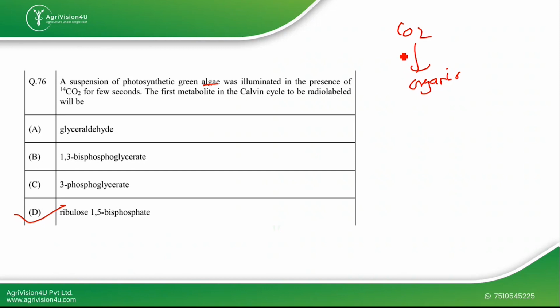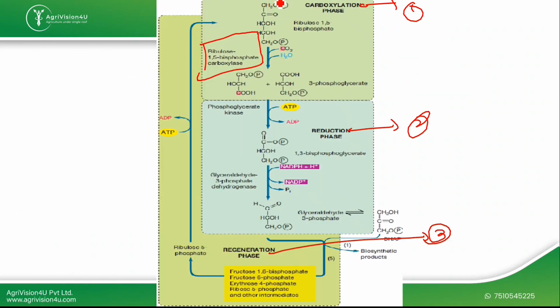From ribulose 1,5 bisphosphate we get 3-phosphoglycerate, then 1,3 bisphosphoglycerate, then glyceraldehyde 3-phosphate, and then in regeneration it is again regenerated to ribulose 5-phosphate and further to ribulose 1,5 bisphosphate.